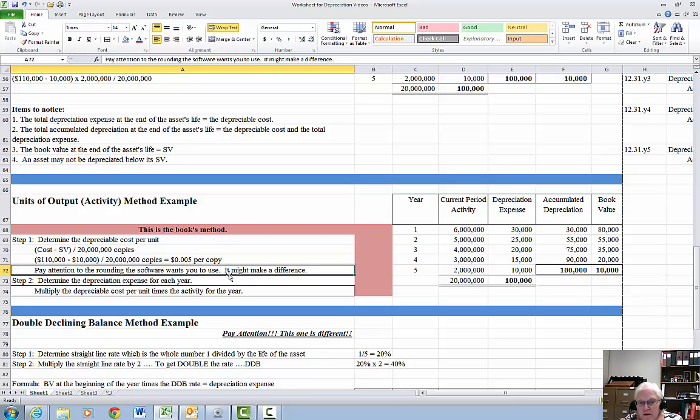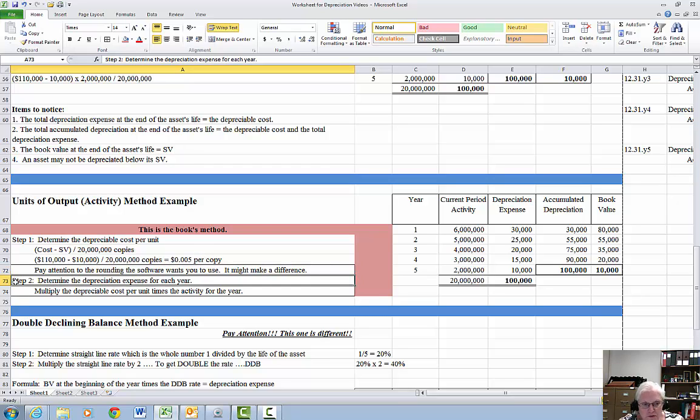And that rounding could very well make a difference in how your numbers come out and as to whether or not you have to spend 10 times getting the problem right. Okay, so in my case, I'm not going to round, to show you that you come up with the same answer. And really, for this small a value, I probably wouldn't round it at all anyway, but the book might round it to a penny per copy.